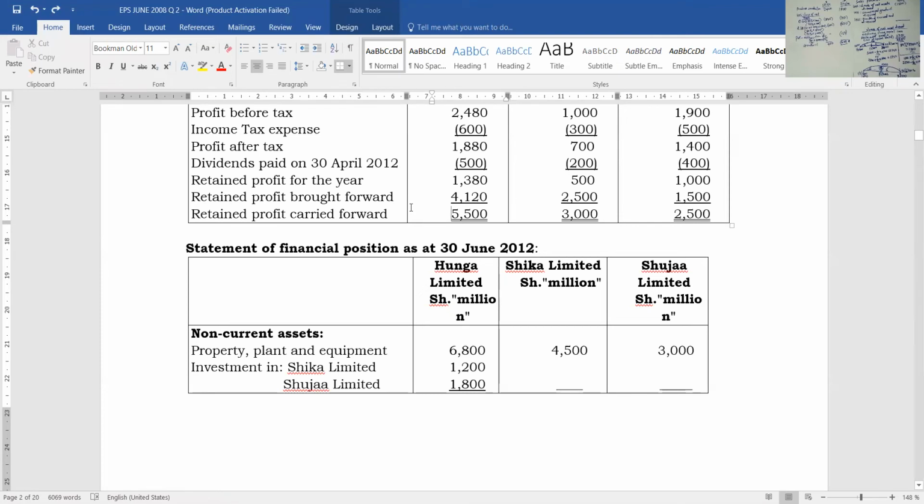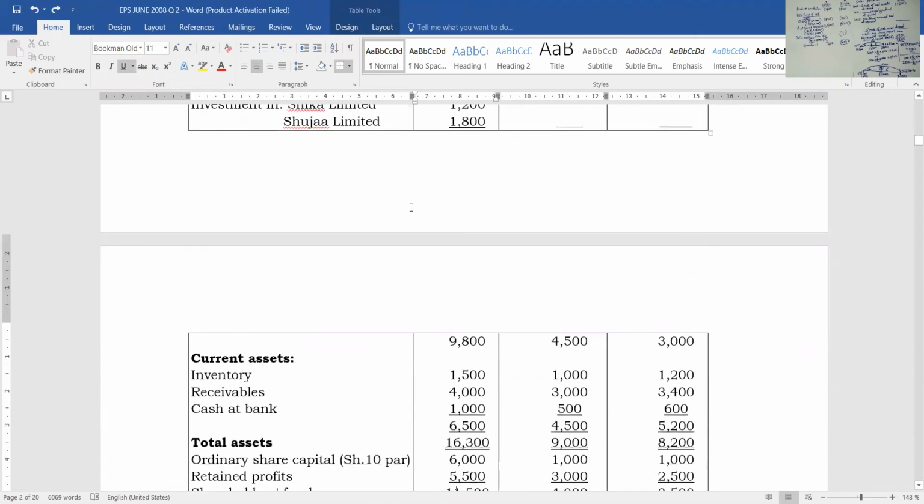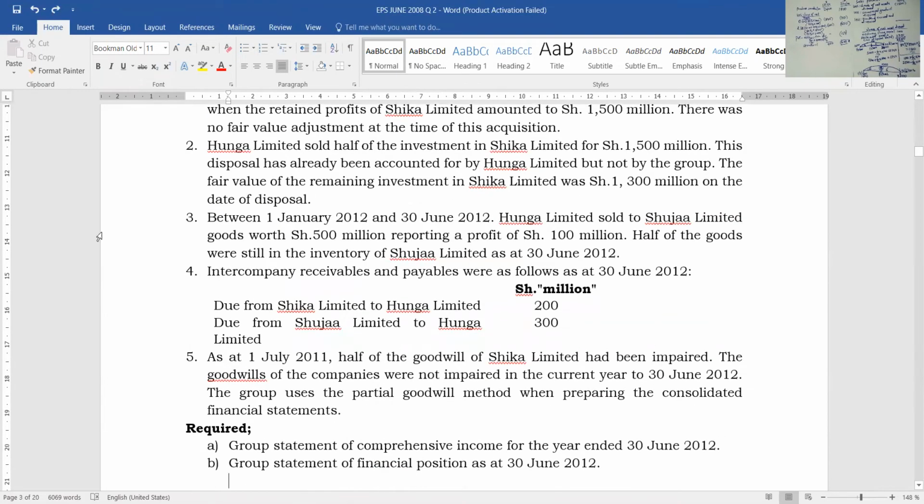So we consider if there was impairment for Shika, because already we can see Shuja has a negative goodwill, which is supposed to be recorded as an income. So for impairment, they say as at 1st July 2011, note 5, a half of the goodwill of Shika had been impaired by 1st July 2011. So by the start of the current year, a half of the goodwill of Shika had been impaired.